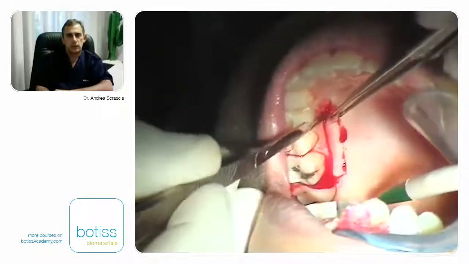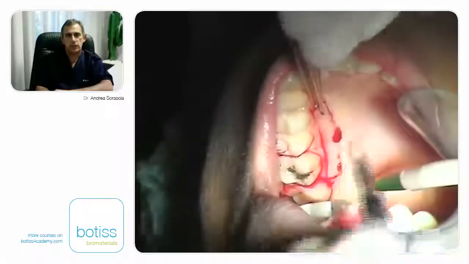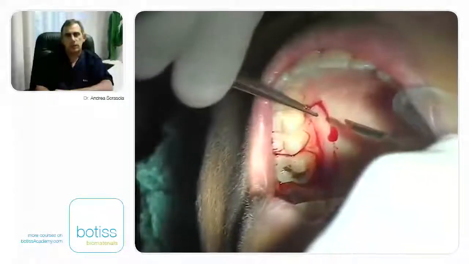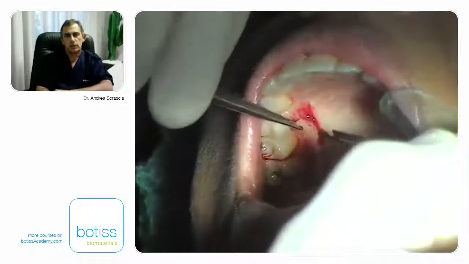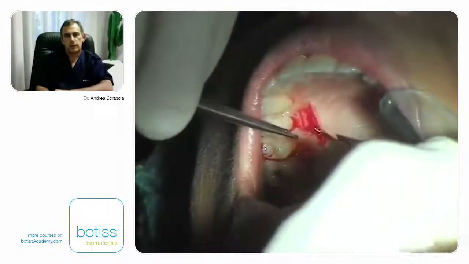And this is now it's absolutely easy without traumatizing the graft.